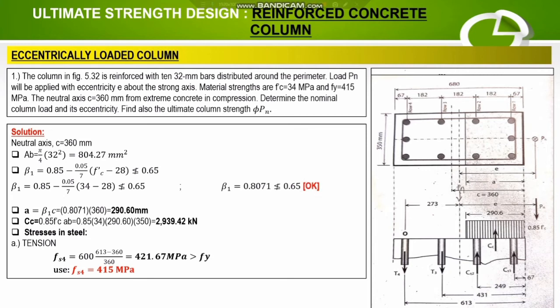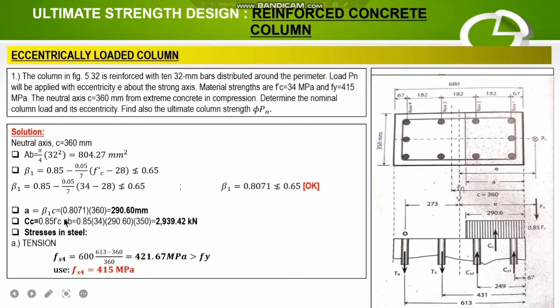Then after computing beta 1, we can now solve for a, the Whitney stress block, which is the distance covered by the concrete compressive stress if we base it on the stress diagram. So a is equal to beta 1 times c. This formula is the same as in finding the Whitney stress block in flexural beams.